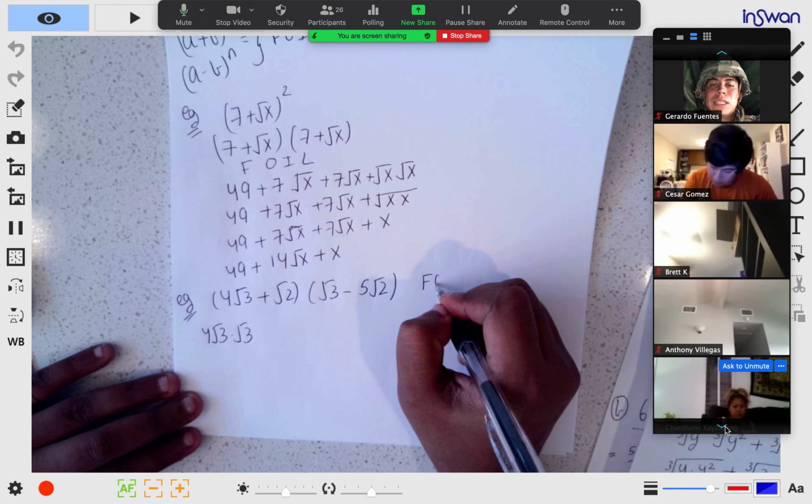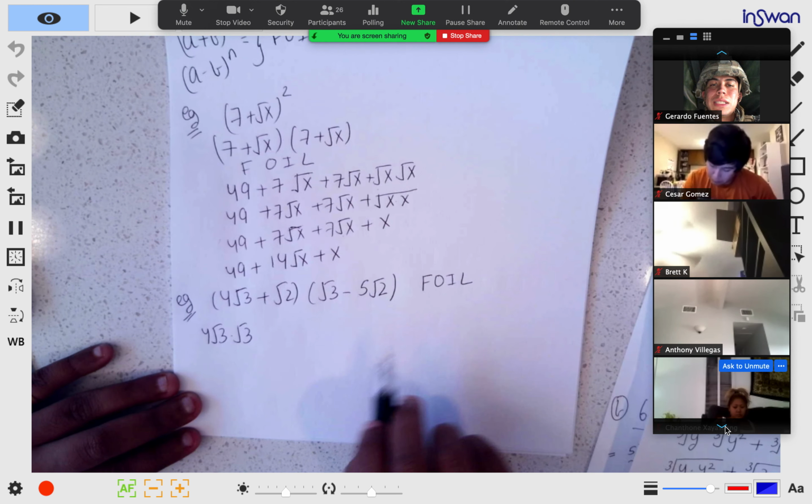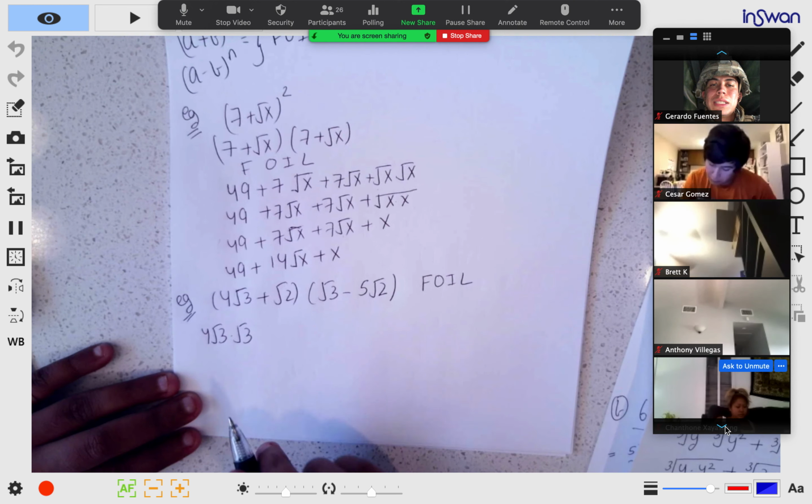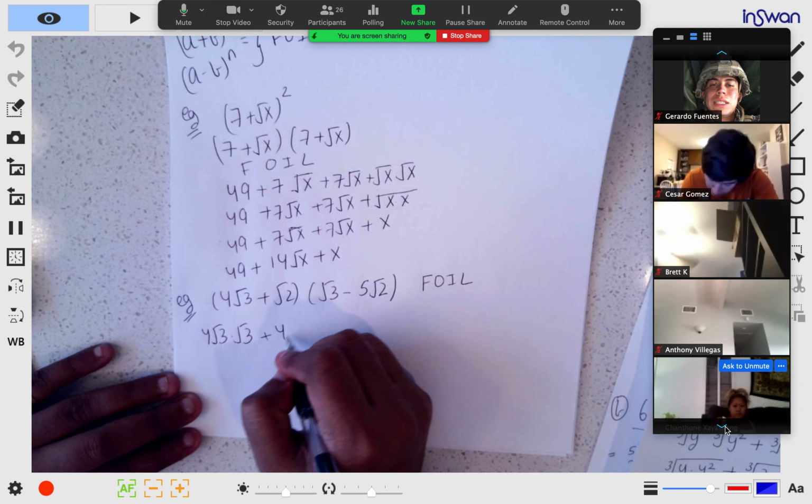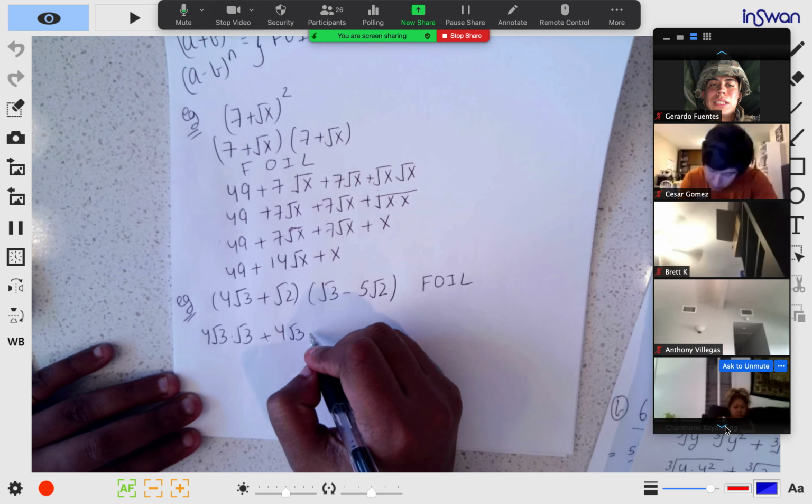Yes, use FOIL method. So then I multiply the 4 square root of 3 with the negative 5 square root of 2. Exactly. Negative 5 square root of 2. Then?